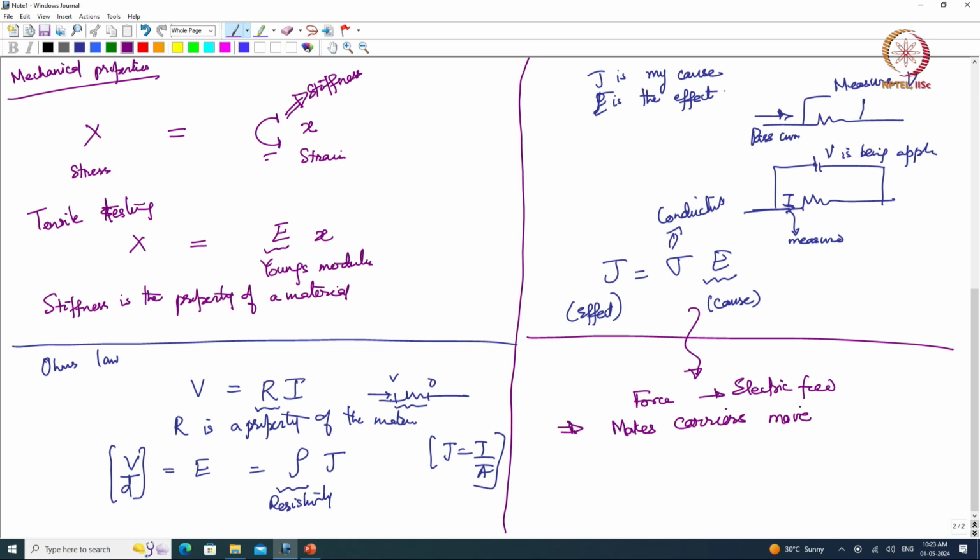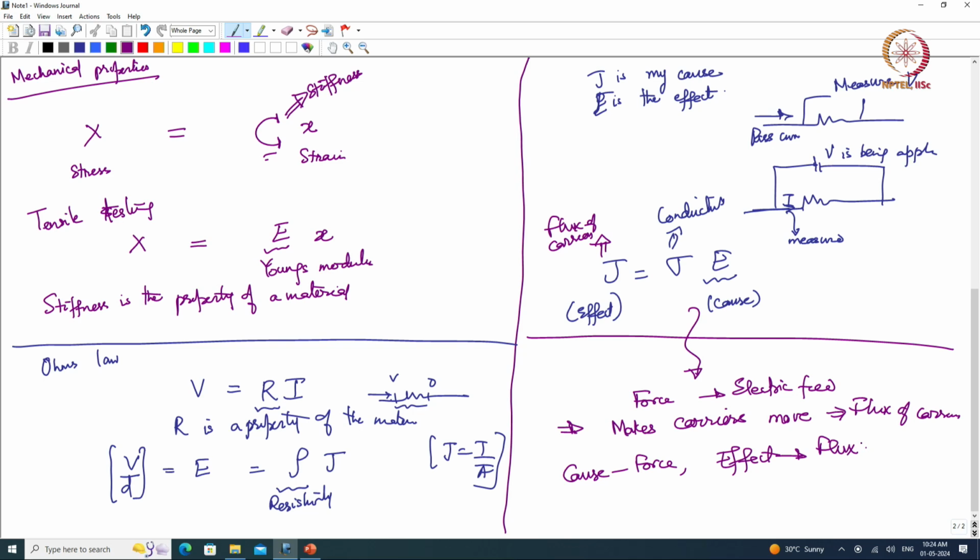So I am creating a flux of carriers. The current actually measures the flux of carriers. So I have a force and I am creating a flux. The cause is a force, but I am not settling into some sort of equilibrium. So the cause is a force here, and the effect is some sort of a flux.